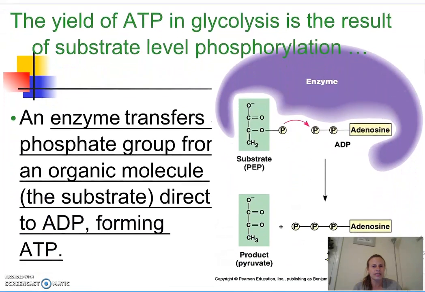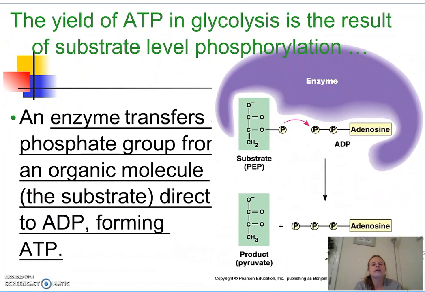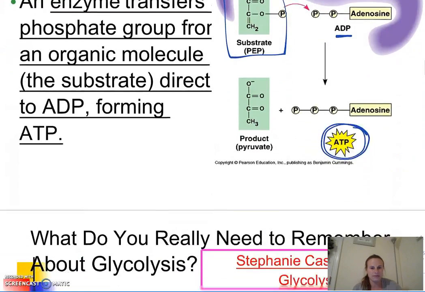So the yield of ATP in glycolysis is the result of what's called substrate level phosphorylation, where the enzyme transfers a phosphate group from that substrate directly to ADP to give us ATP.